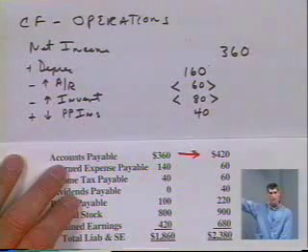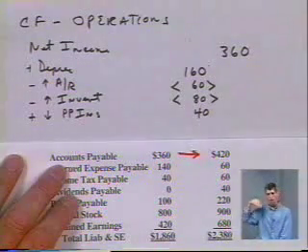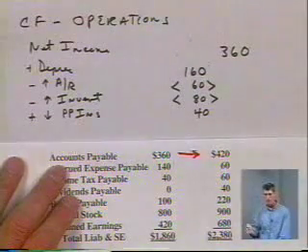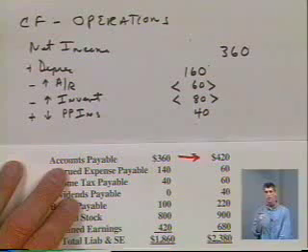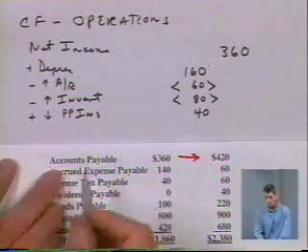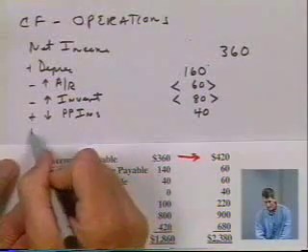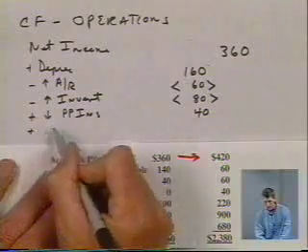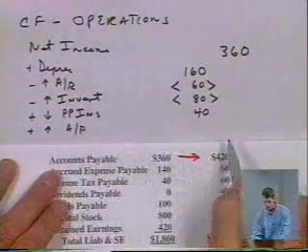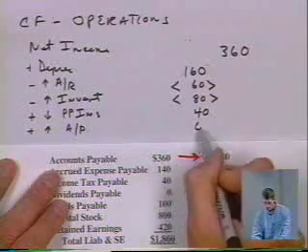So it's as if they are making a loan of cash to us for now. We have to pay it later. Hence, an increase in a short-term liability is as if it's a cash inflow. So for accounts payable, we add back the increase in accounts payable. In this case, that increase was 60.